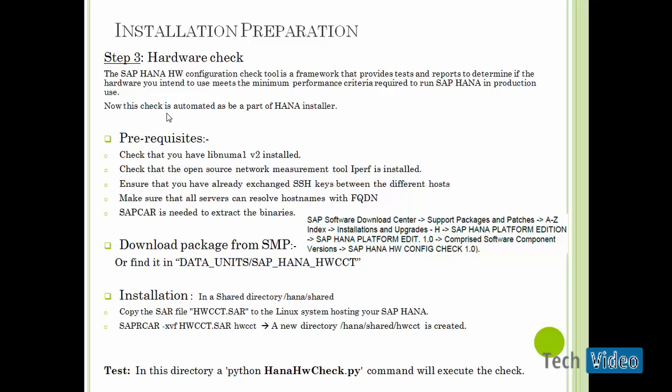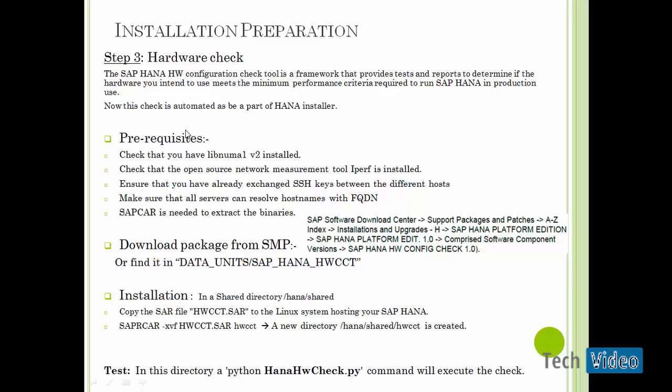The HANA installer, like HDBLCM that we use for installing the HANA database server, already has this check in its algorithm. So before the installation is executed, such a configuration check is performed. Only if the result of the check is positive will the installation proceed. Otherwise, the installation aborts, saying there is a failure of the hardware configuration check.